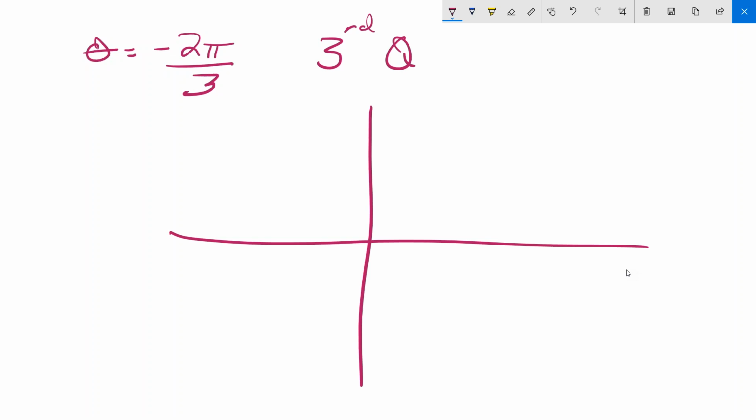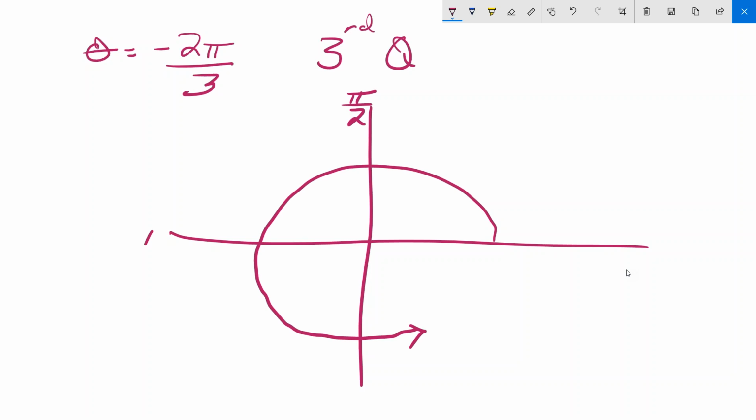If I'm going left to right, or excuse me, counterclockwise that way, angles are positive. That's pi over 2, that's pi, that's 3 pi over 2, and that's back to 0.